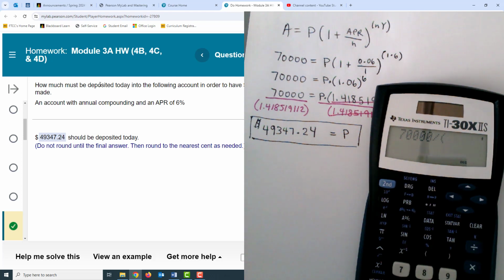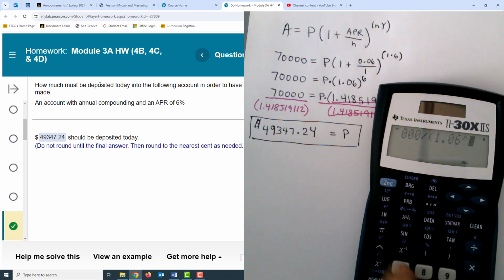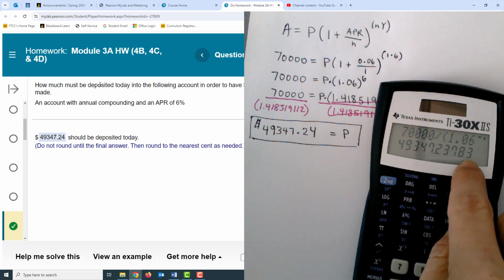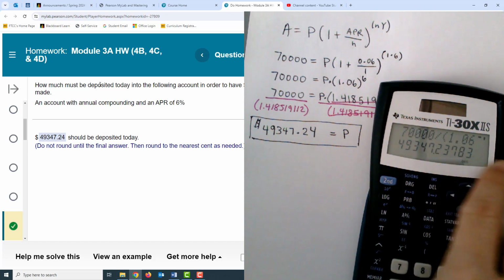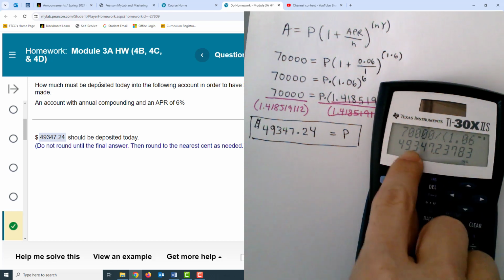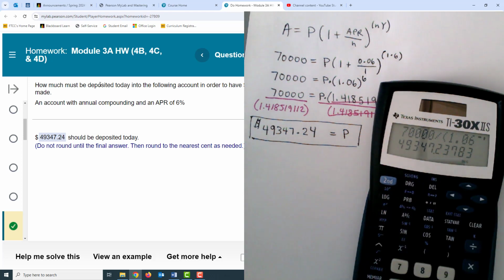Alright, so divide by parentheses 1.06 raised to the 6th power. And you get the same thing. Alright. Sometimes that might be a decimal way out here that's off, but since we're rounding to the nearest cent, notice no matter which way you do it, you'll still get 24 cents. Alright, but still be careful.